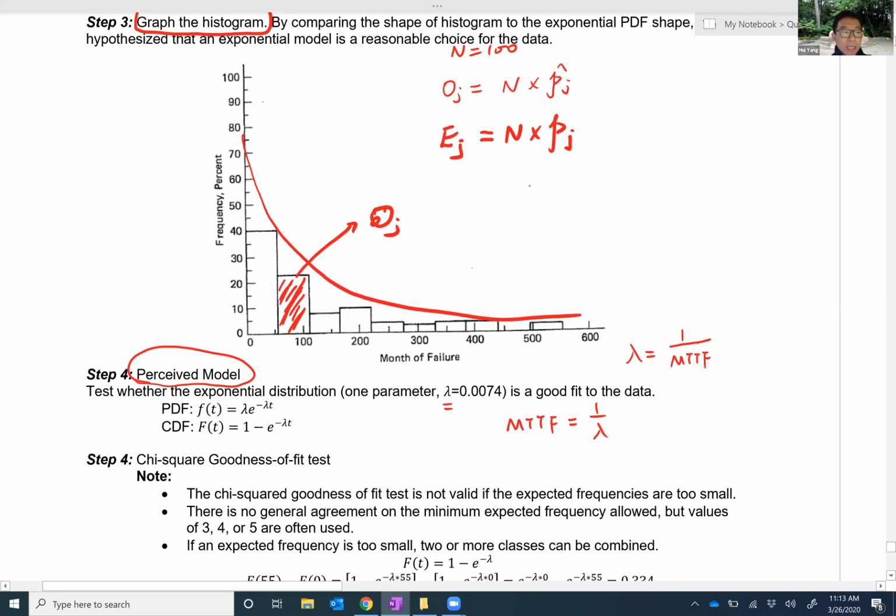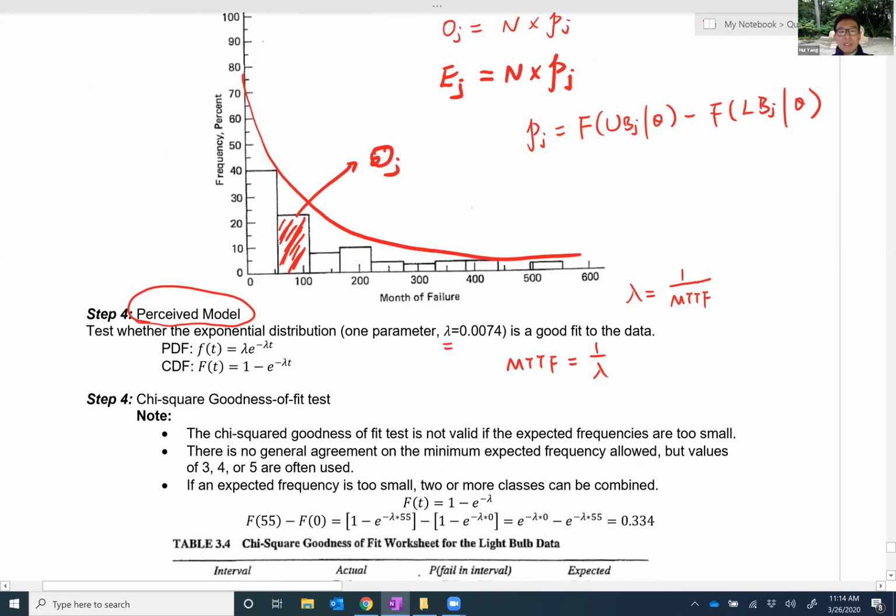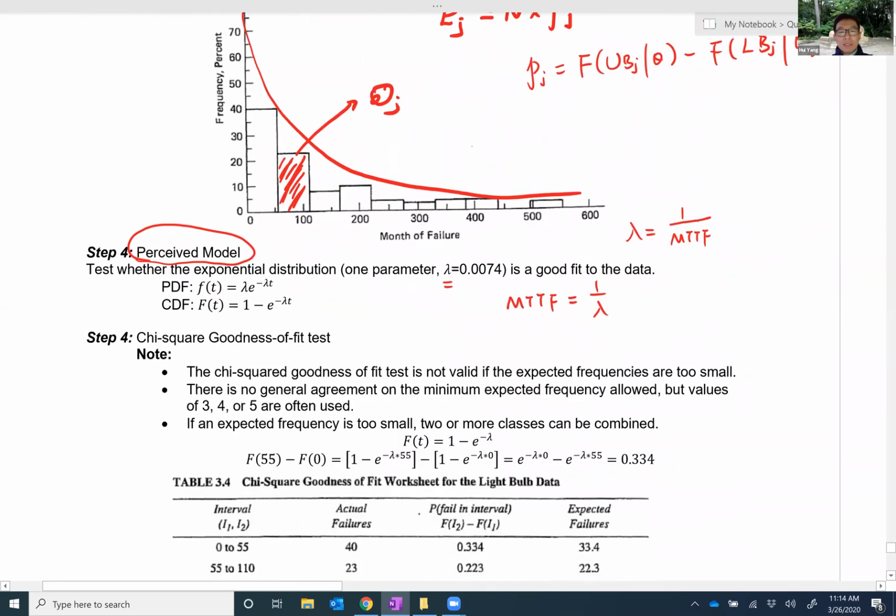Then if we want to get the PJ, it will equal F of the upper bound of bin J given theta minus F of the lower bound of bin J given theta. So we can do that. Now, the chi-square goodness of fit is not valid if the expected frequencies are too small.